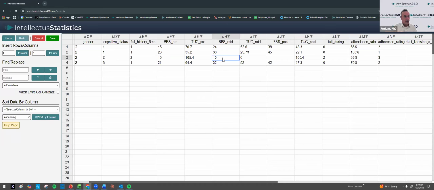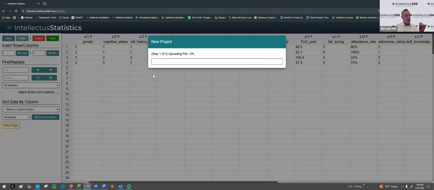Well, they did something here. At the end, they decided to do just part of the exercise. Do you have a number for this or not? 13. Okay. So they actually did have a score. They have it. Okay, fine, no problem.